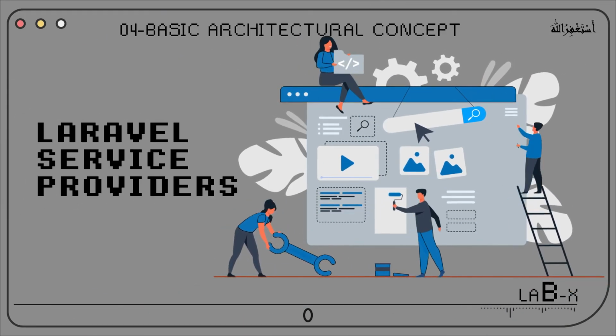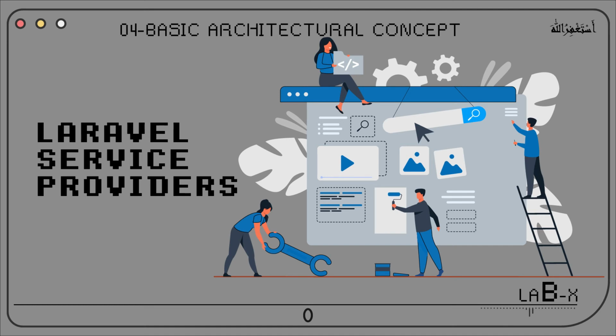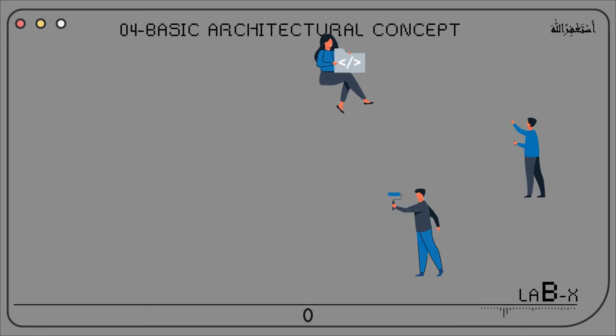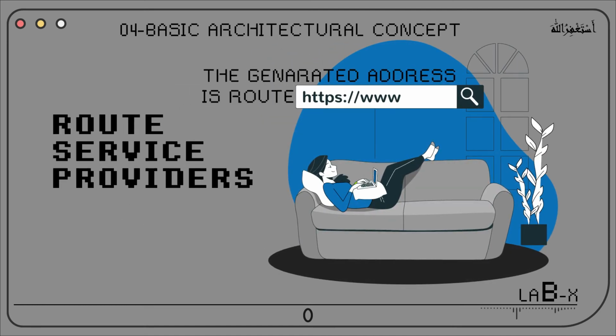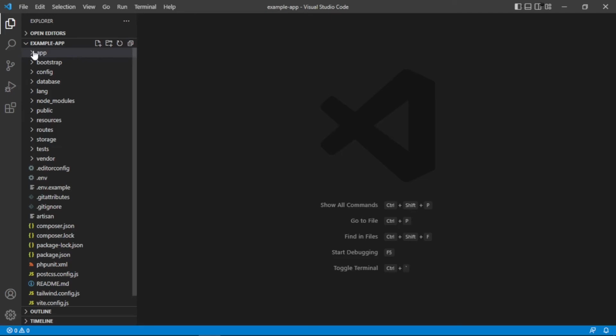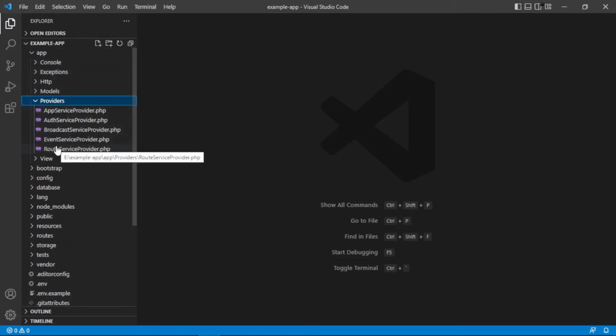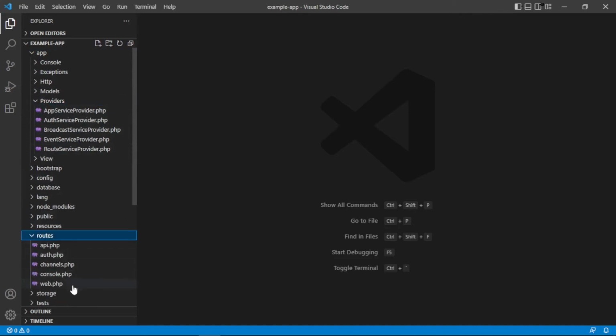Service providers are the most important aspect of the entire Laravel process. One of the most important service providers for your application is the route service provider. The route service provider loads the route files contained within your application's routes directory.